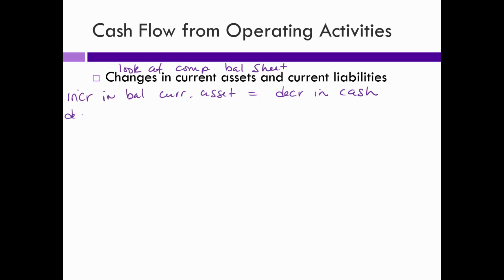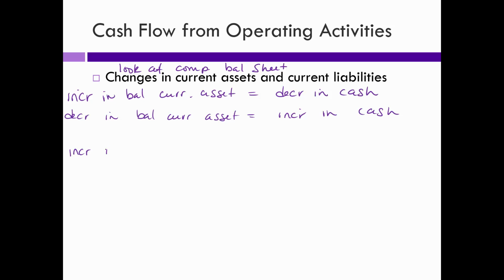If there is a decrease in the balance of a current asset, then there is an increase in cash. If merchandise inventory balance is going down, that means you sold the stuff, so you got cash. Or think about accounts receivable. If the balance in accounts receivable is going down, that means people paid you, so cash went up. So with current assets, they work in the opposite direction.